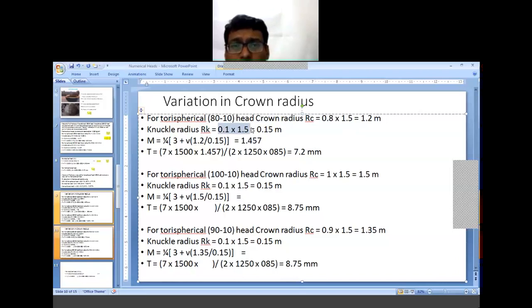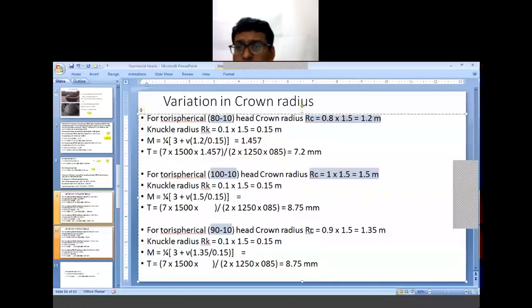So in all these three cases, I am going to vary this crown radius. I have taken 80-10, then 100-10 and 90-10. This is the variation we can do for the crown radius.